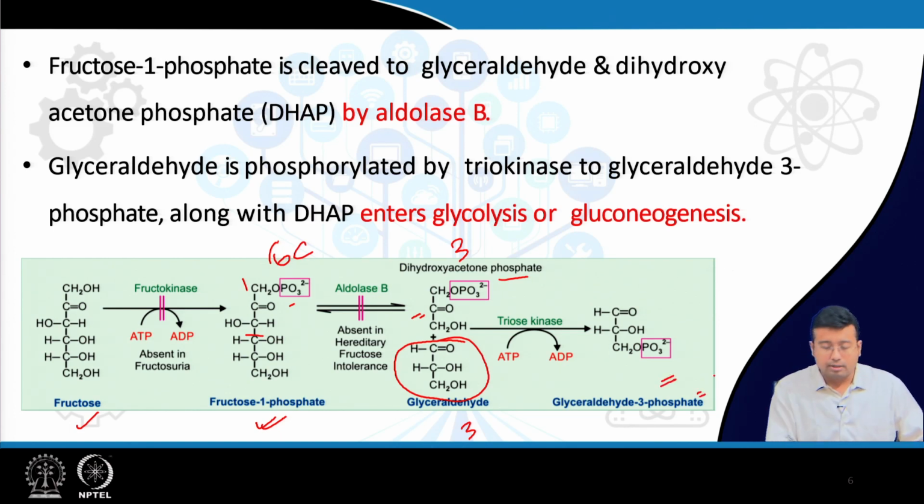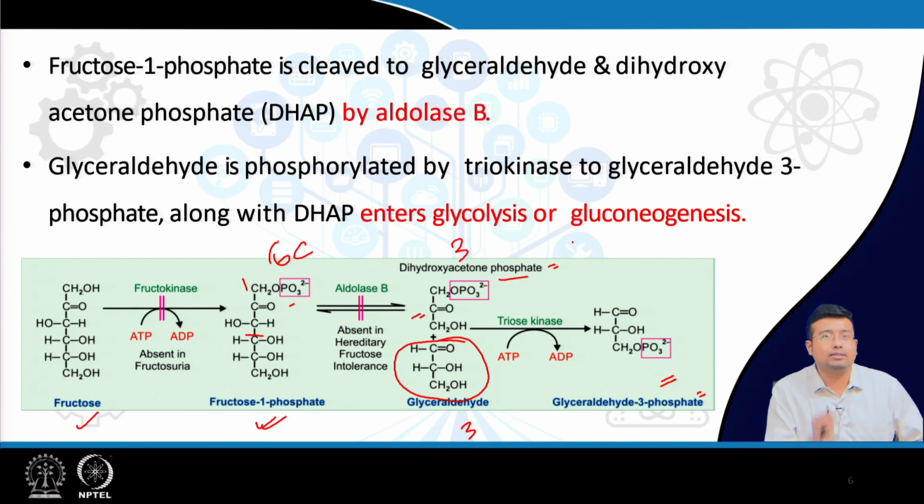Glyceraldehyde 3 phosphate, dihydroxyacetone phosphate, you already know what their fates are, they all continue to glycolysis, right, or even they can go in the reverse direction depending on the need. If we need to store glucose, they can also be utilized by other pathways to form glucose, whether by glycolysis or by gluconeogenesis.